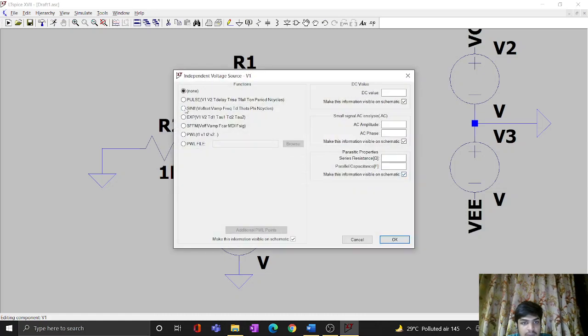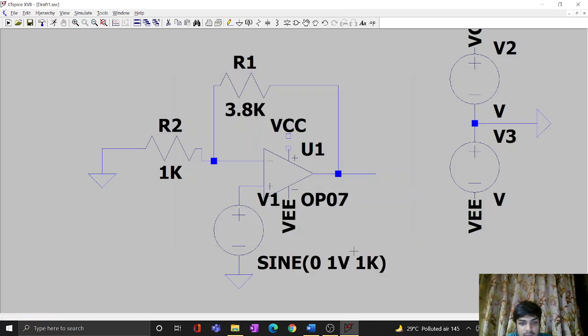Sorry, I'll give a sine wave in which the DC offset will be 0, amplitude will be 1 volt, and frequency 1k. I think now the circuit is ready for simulation.